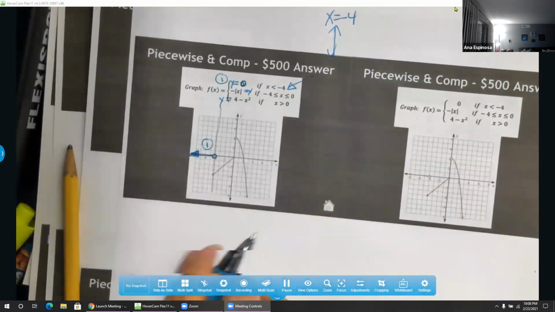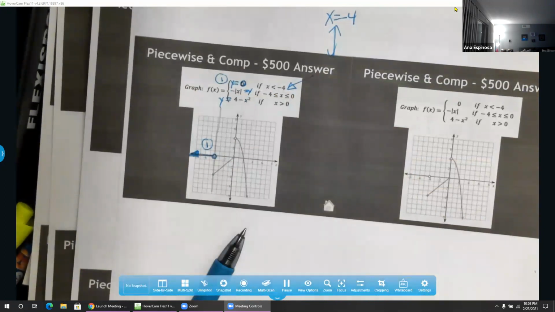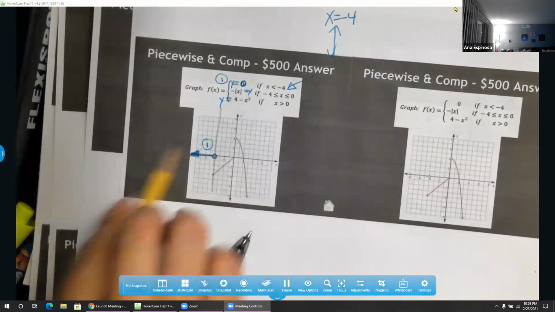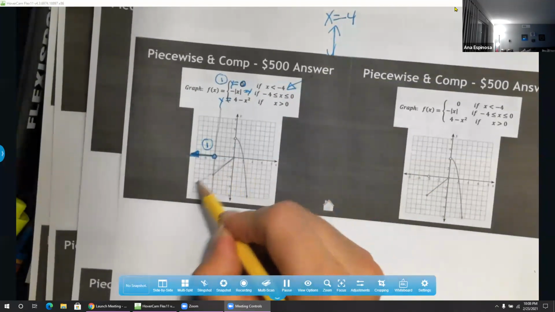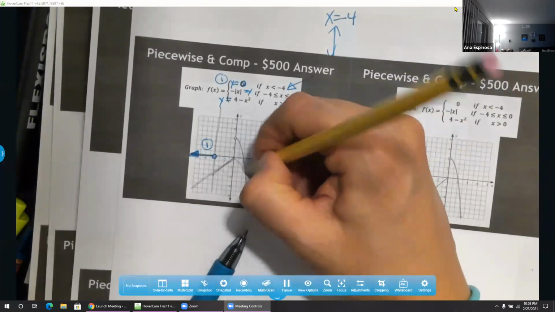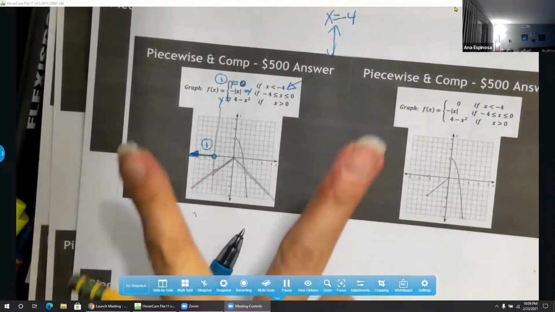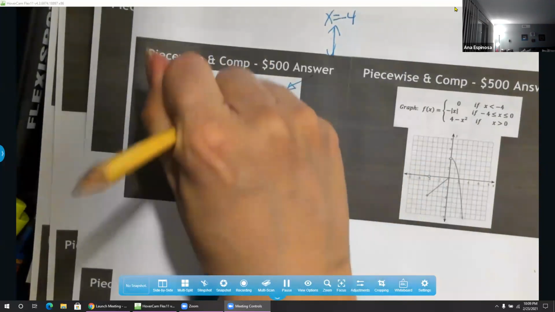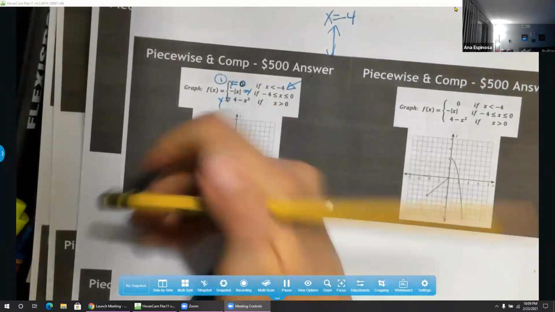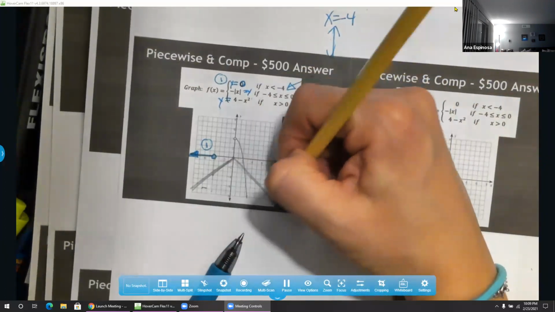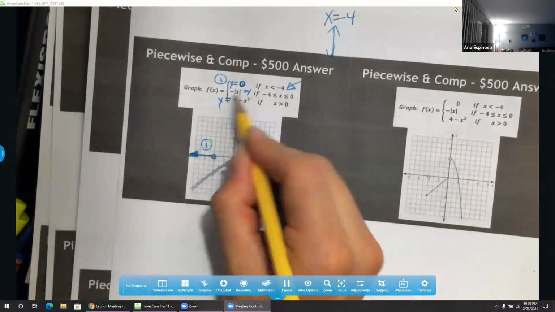I'll number them, okay? The next one is a negative absolute value of x. That graph is originally, if I were to graph it fully, an upside down V. V for absolute value. So if you're looking at my penciled graph here, that's the original full graph.